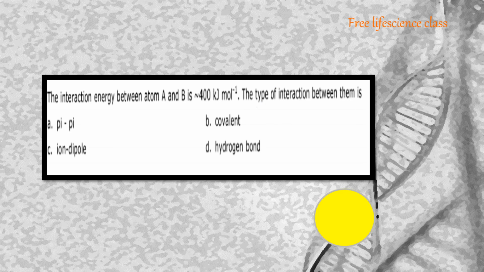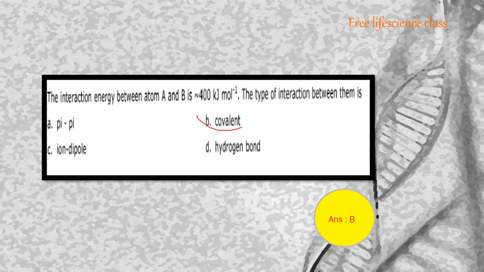The interaction energy between atom A and B is approximately 400 kilojoule per mole. Then the type of interaction between them is... Yes, time up, and the correct answer is option B, that is covalent bond.